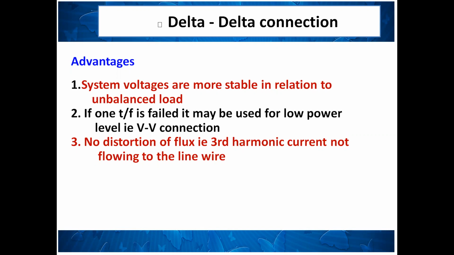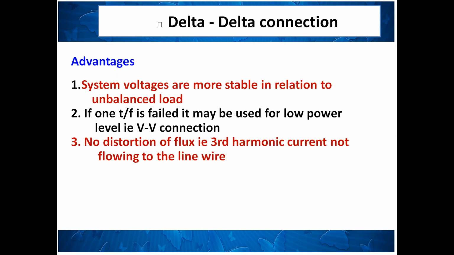And another advantage: if one transformer, meaning one winding, fails, then we can operate in open delta, so your total blackout will not happen.